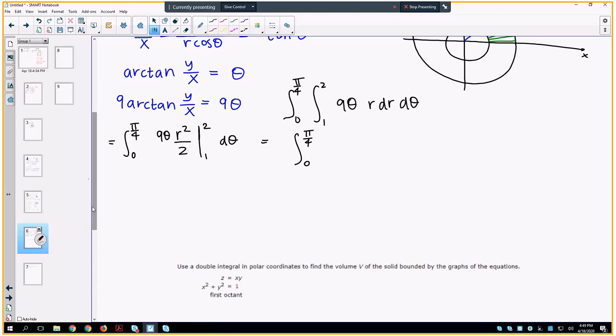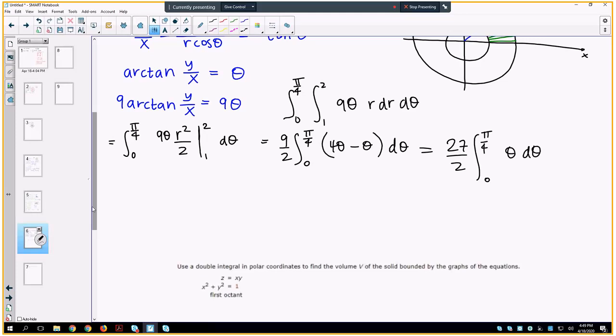I think I want to pull the 9 over 2 out. So I'm going to say 4 theta minus 1 theta when I plug in 1. Because I pulled 9 over 2 out, I just have 1 squared. That's theta. So of course, it's 3 theta, so I get to say this is 27 over 2 outside, 0 to pi over 4, theta d theta.